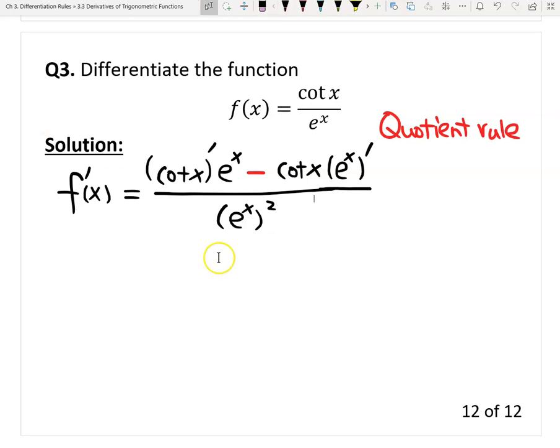Now we do the step. Okay, all we need is just to plug in. What do we get? So the denominator I can write in this way: e to the x squared still. The top. So what is the derivative of cotangent? Remember, cotangent is a cofunction of tangent. Okay, we always have a negative, right?